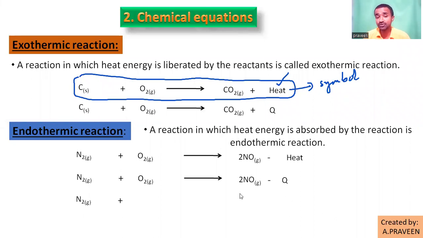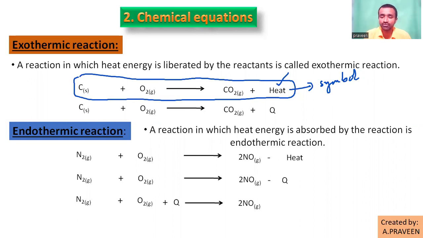Or sometimes we may write the heat absorption as plus Q towards the reactant side. Moving to the right side means transposing: minus Q on the right, plus Q on the left. So plus Q represents the required heat energy.